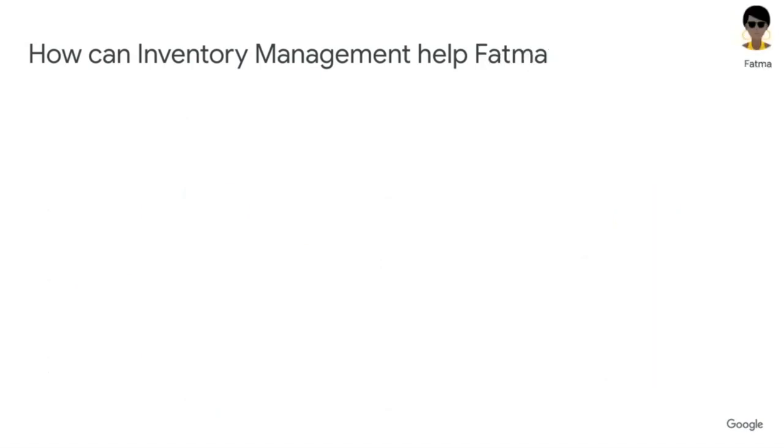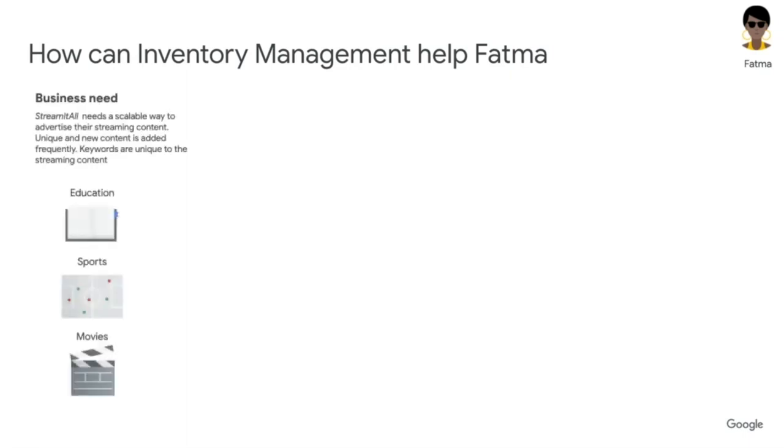Yep, thanks, Bryan. All right, our last example was Fatma. Fatma works at Stream It All, which is an on-demand online business that provides streaming content, which can go from educational videos, sports videos, or sports live streaming, and then some movies, right? And all of that on demand.